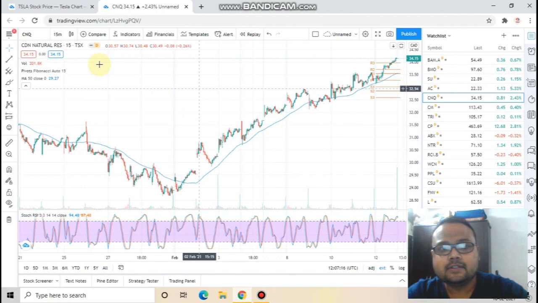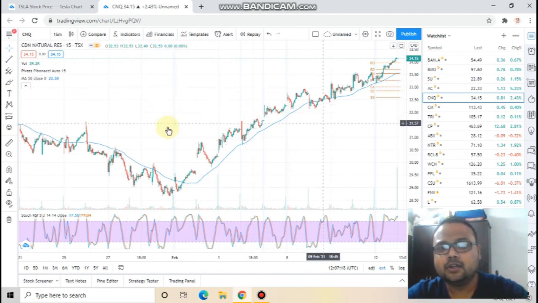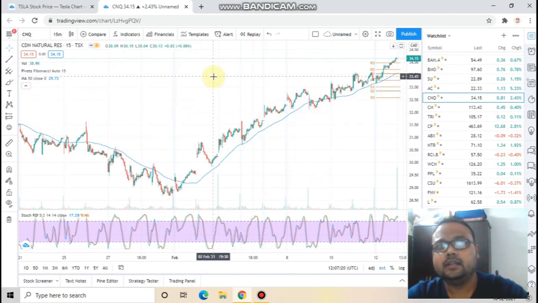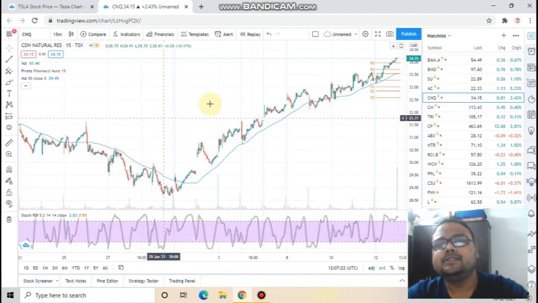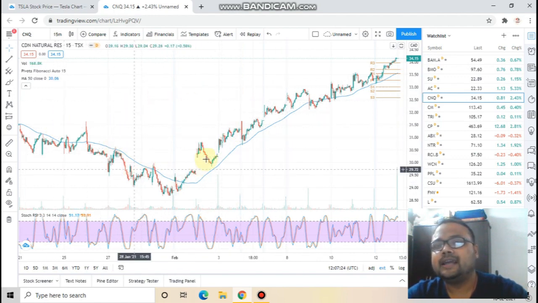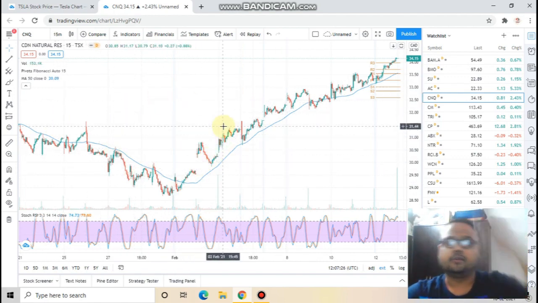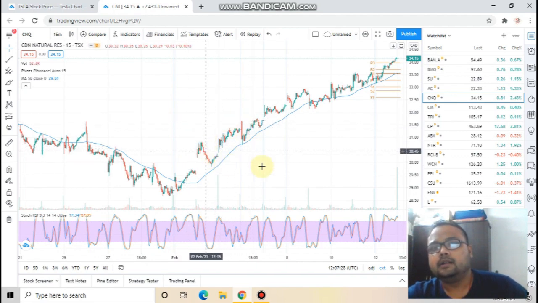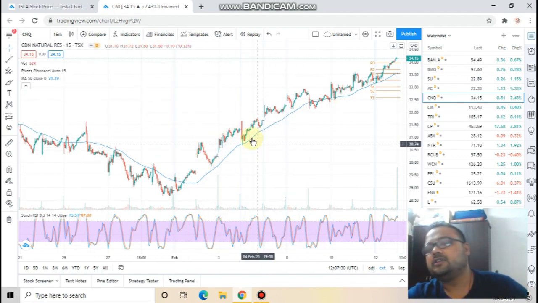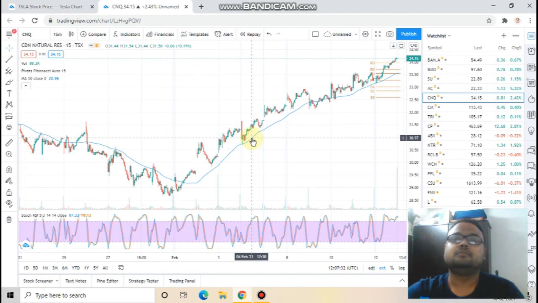Anyways, there is not much level to discuss in this particular stock. I just want to show you the nice uptrend the stock is showing. This kind of stock is very good for short-term trading, say for 7 days, 10 days.